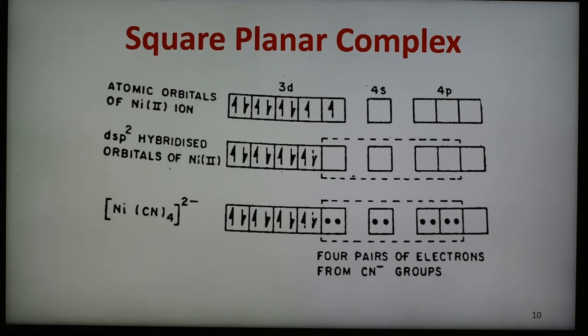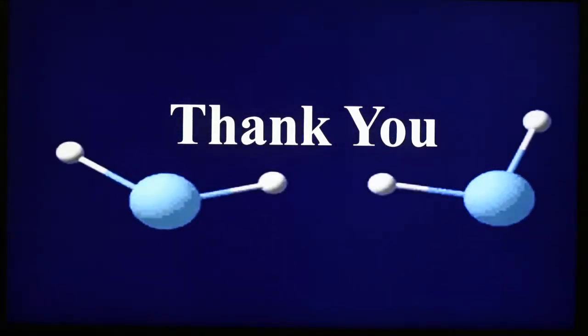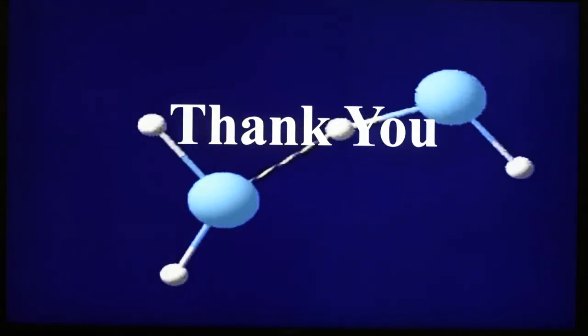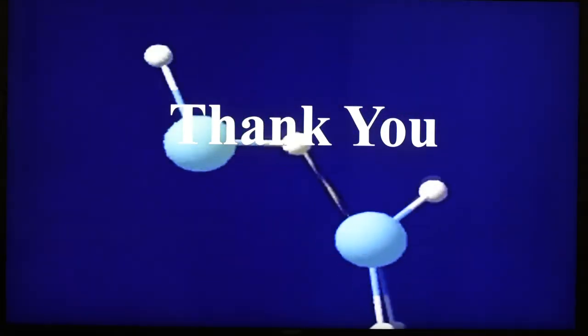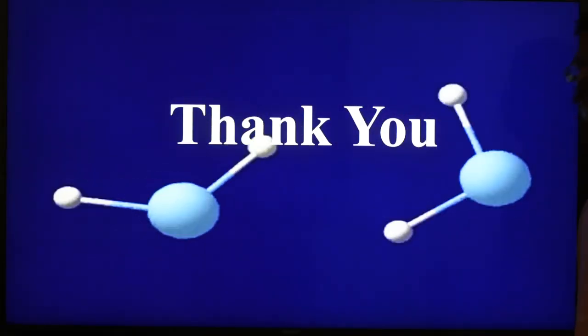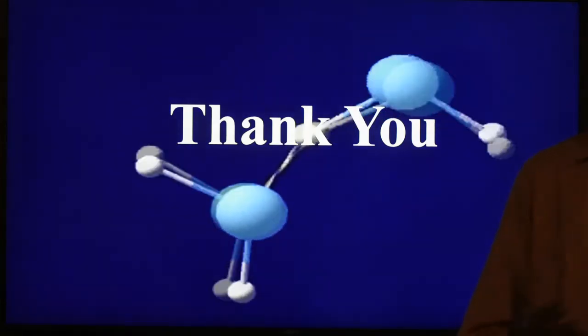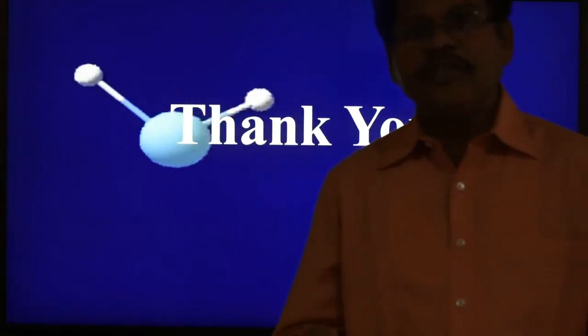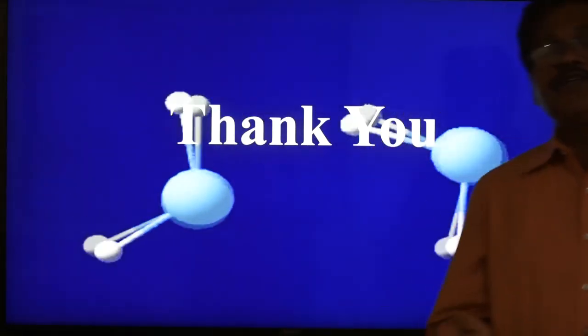So these are the examples of the formation of complexes we have explained on the basis of valence bond theory. By using valence bond theory, the structure of the complex can be decided, and as we know there are a number of theories to explain the formation of complexes: valence bond theory, molecular orbital theory and also crystal field theory.